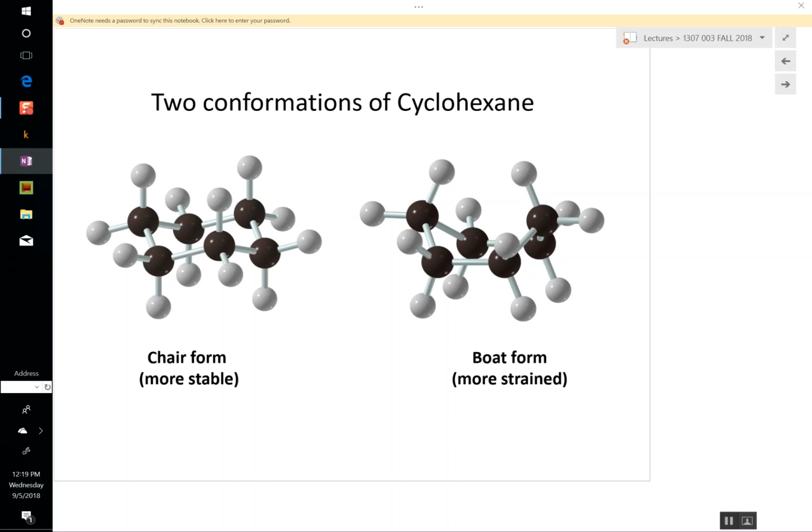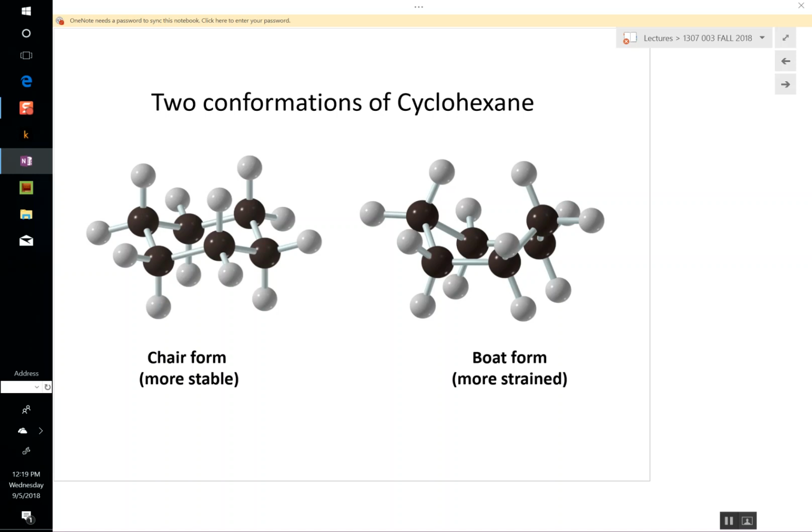Is that condensed formula right, or is it this one? That's right. That's a molecular formula. Now, how would you write the condensed formula for a cyclohexane? If it was asked. Yeah, don't worry about it.